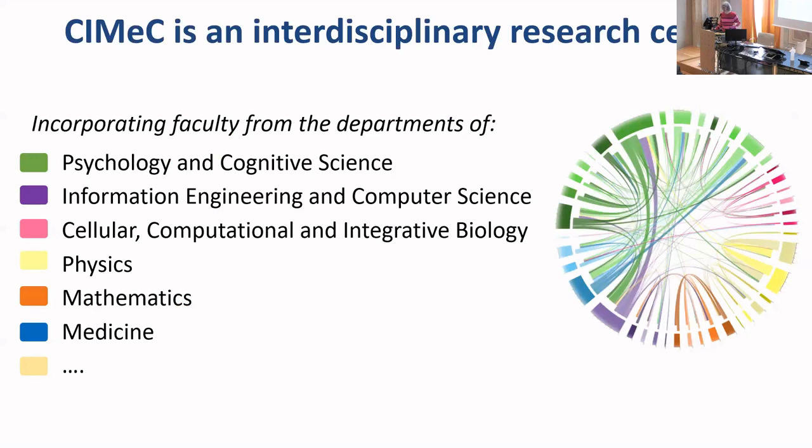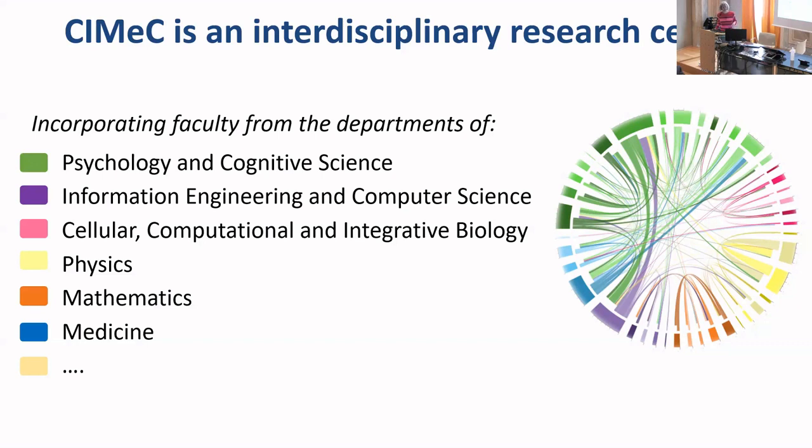So interdisciplinary, let's see what we mean by that. As you can see from this graph, a large portion of our research staff and PIs come from a background in psychology and cognitive science.